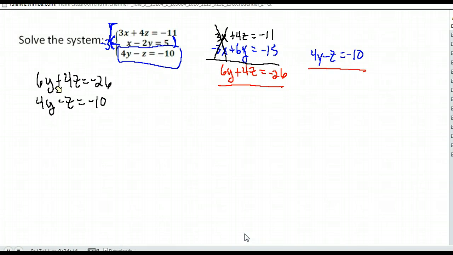It looks like z would be the easiest one to eliminate because I can just multiply this bottom one times a 4, and I'll have a positive 4 on top, negative 4 down here. So that's what I'm going to do. Take this bottom equation times 4, and I will get 16y minus 4z equals negative 40. My top equation is not going to change.